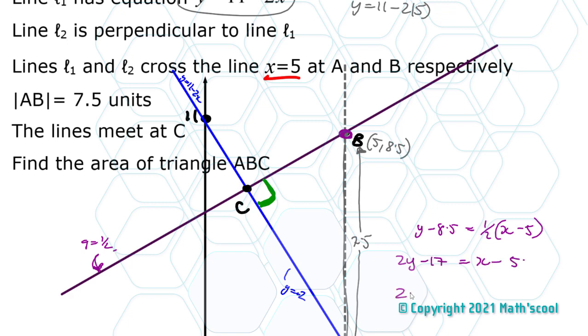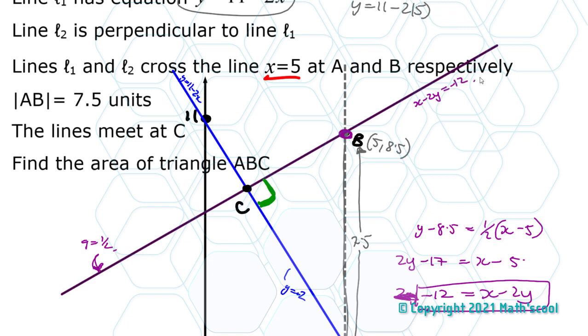And then, really I should do it the other way around, x minus 2y equals minus 12. Okay, so there's this equation, x minus 2y equals minus 12.